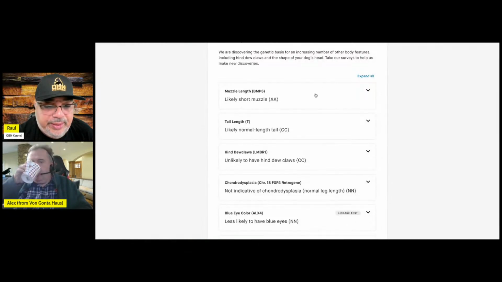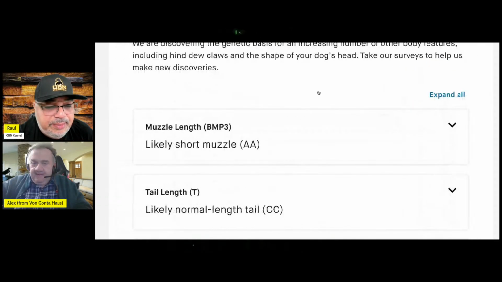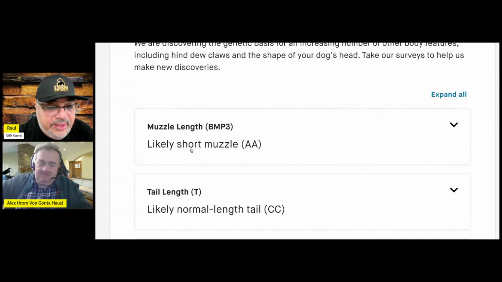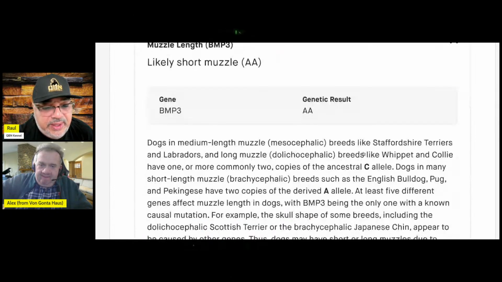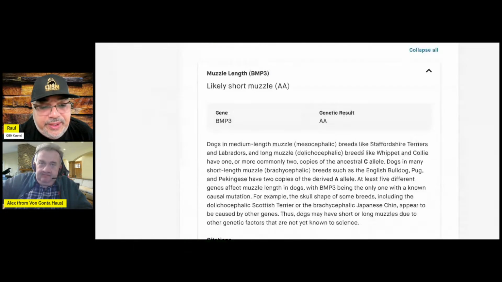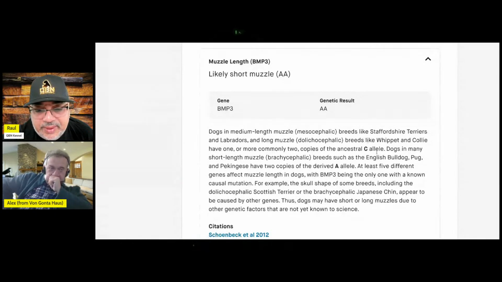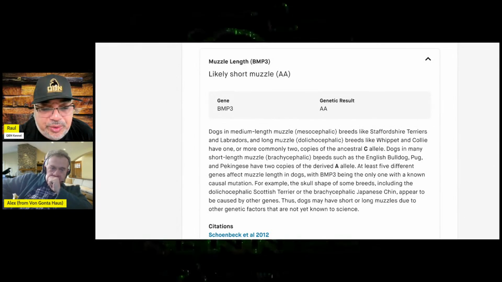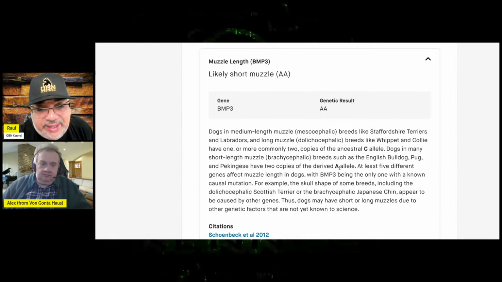What I want to show them is what you're talking about. This is a monogenetic gene right here, the muzzle length. You see AA, and let's see what AA stands for. Basically, dogs that have the short length muzzle or brachiocephalic breeds, such as English Bulldog, Pug, Pekingese, have two copies of the derived A allele.